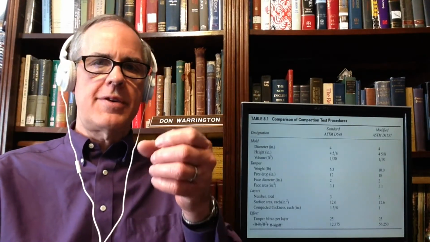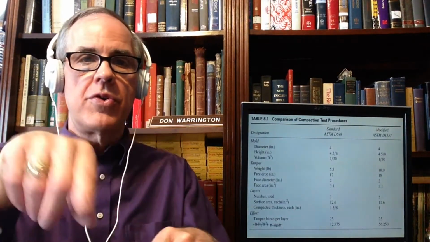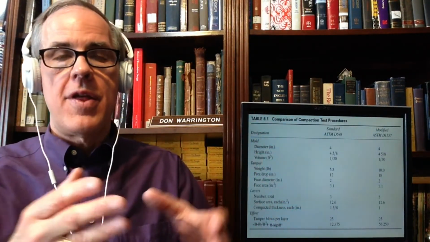Then you take the tamper, lift it up and drop it a certain number of times. 25 is the general number. Then you tamp that down, put another third in, and do the same thing. You go around, making sure when you're doing this that you get the energy evenly over the whole area. Then you put the last third in, you beat it down, and you're done.